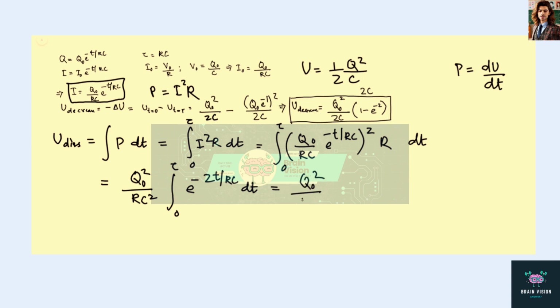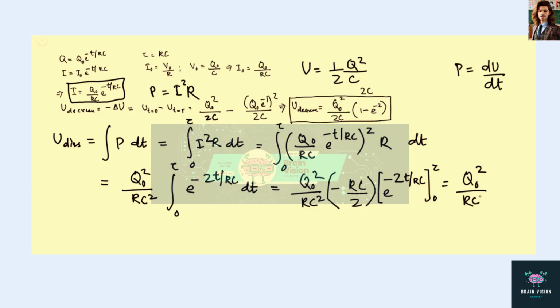So we know that this integral will be minus RC over 2 times e to the power minus 2t over RC. I'll write the formula for this in a while. So let me just solve this quickly. So we put the limits now, and we simplify this expression.